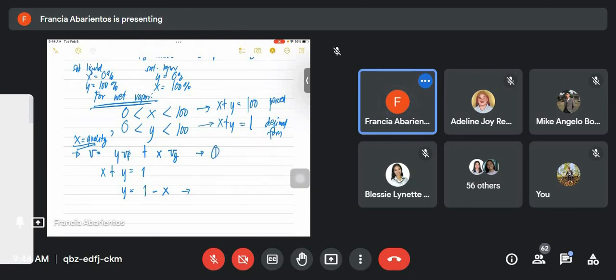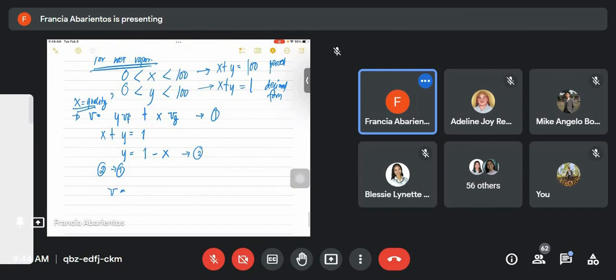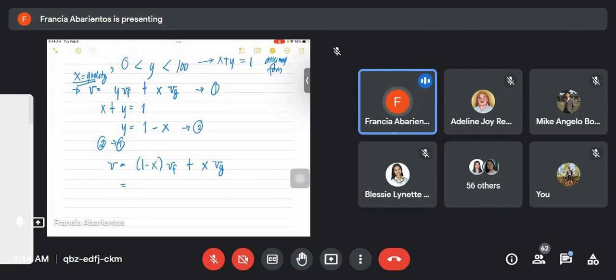Okay. So, equation 2 to 1, we have now the specific volume is equal to (1 minus X) times the specific volume at saturated liquid plus the quality times the saturated vapor. And gawin natin to. So, we have specific volume equals VF minus X VF plus X VG.